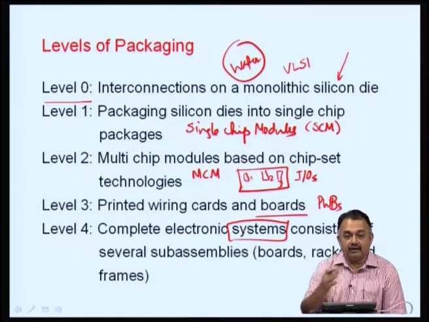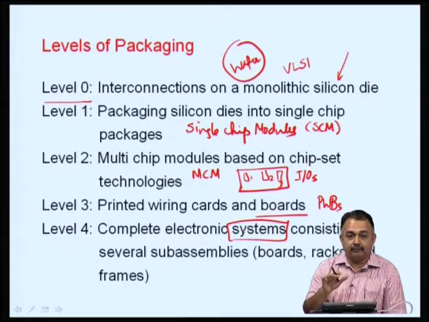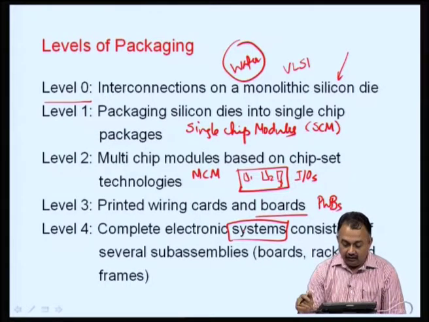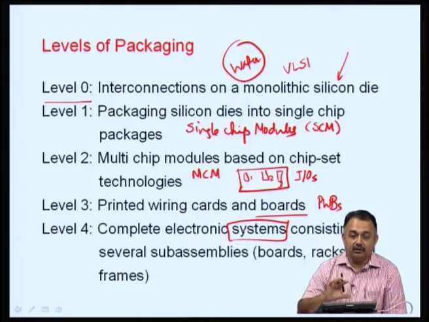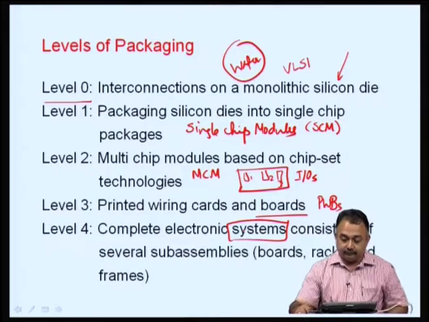It will consist of several sub assemblies which are interconnected by connectors. Okay. It can be connected by wires in some cases, and finally, this system will go into a mechanical enclosure. So, that is part of the mechanical design, that is part of the industrial design activity.